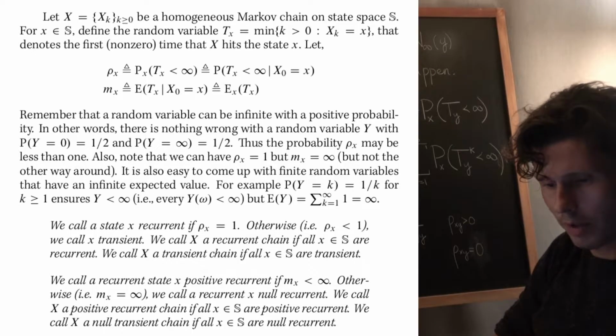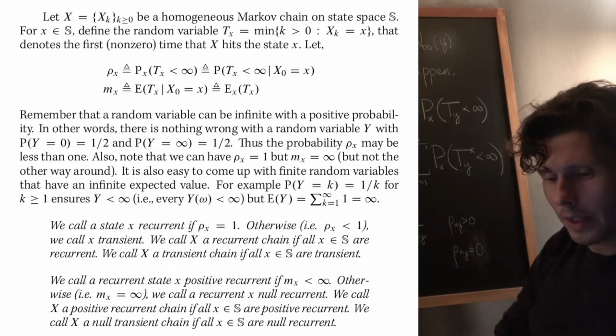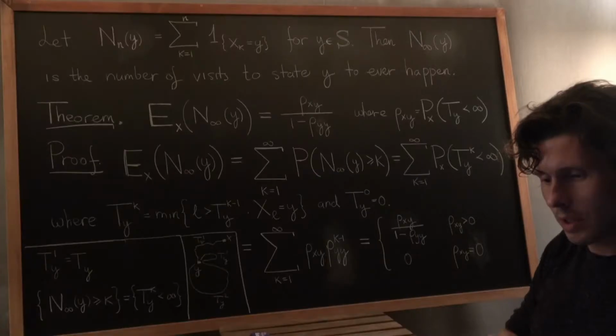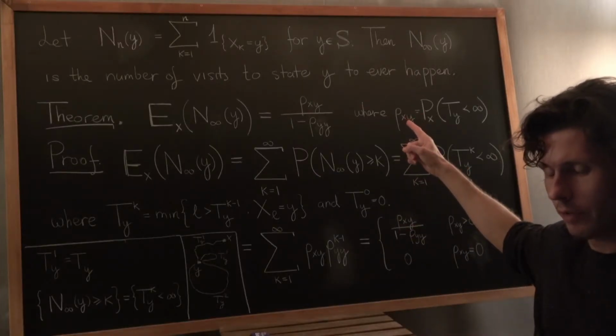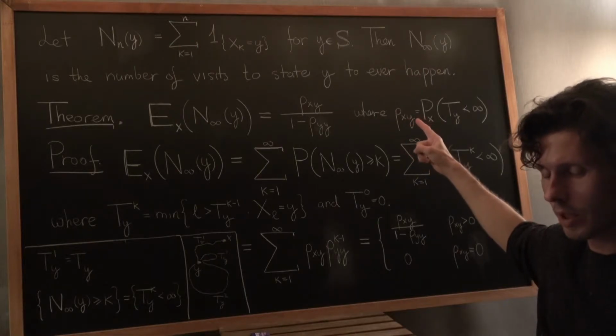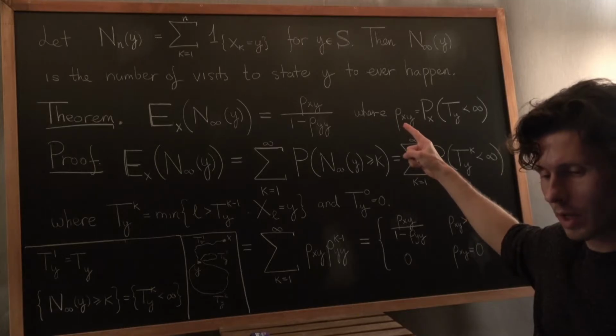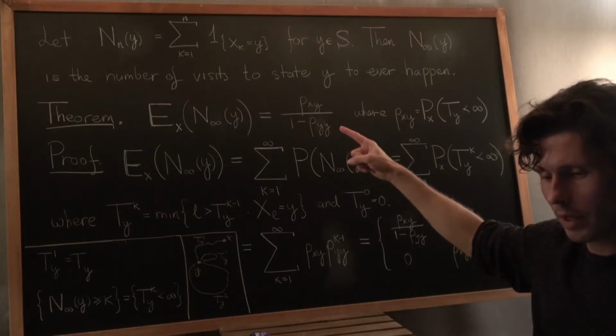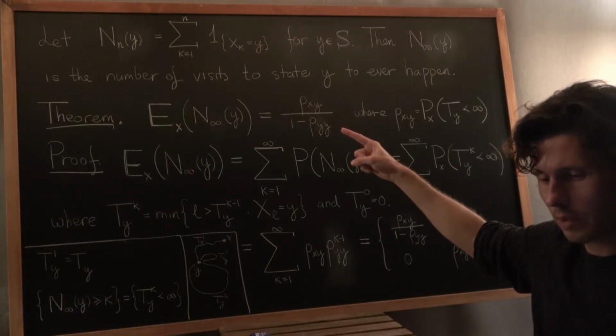Just to compare this, you see that rho_x was for us the probability that we return in finite time to x. So this is just a slight generalization where instead of returning, we start at some state x and reach another state y. Consequently, rho_yy is nothing other than rho_y in the notation of that screenshot.